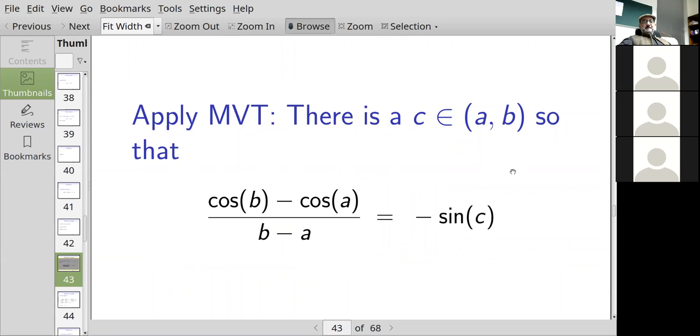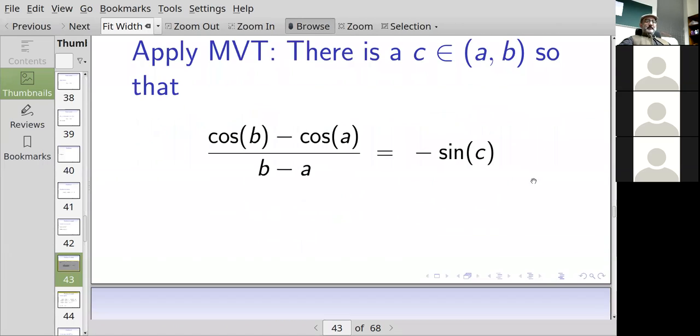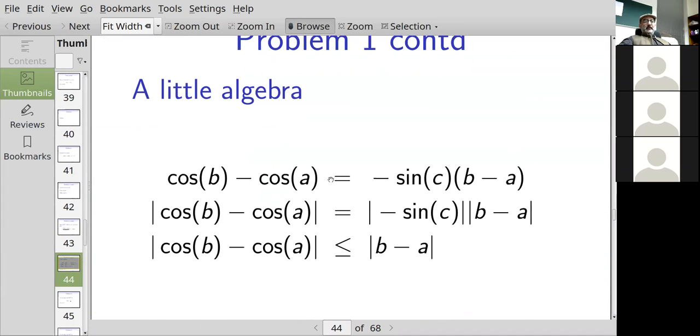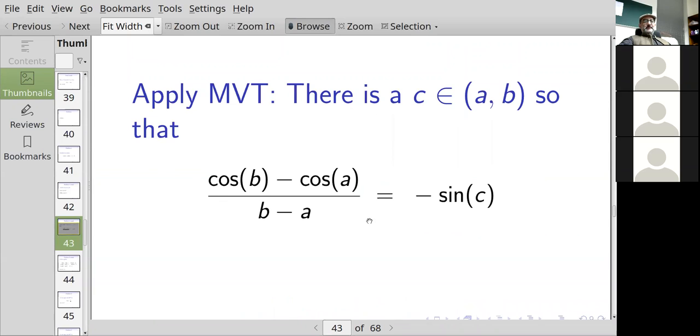Is that okay? Yes, sir. Okay. Now that's kind of looking like what we were talking about, right? So now let me multiply this through by b minus a on both sides.